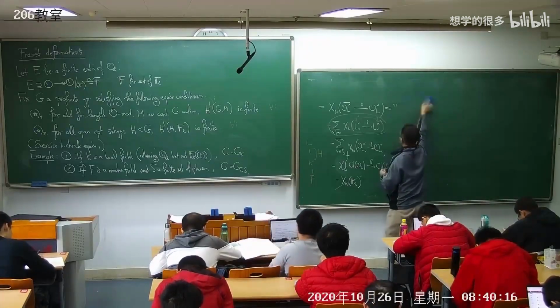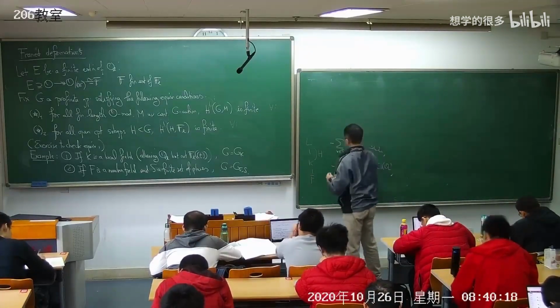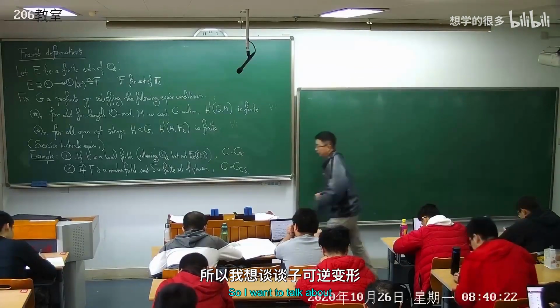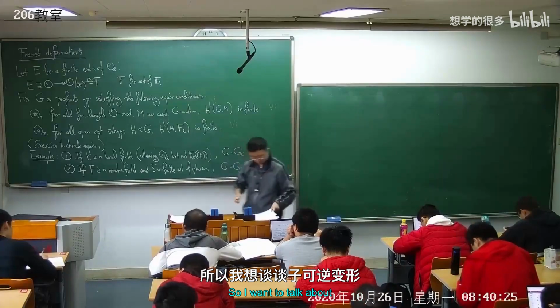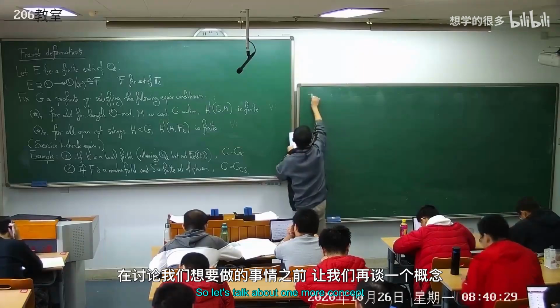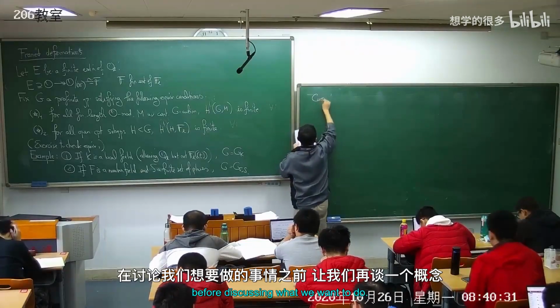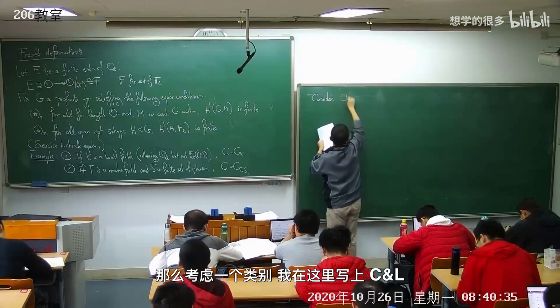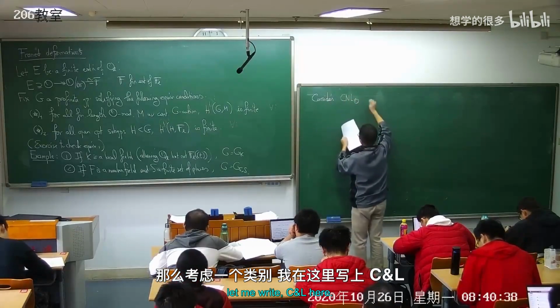Should be more careful here. So I want to talk about so-called Galois deformation. So let's talk about one more concept before discussing what we want to do. So consider a category. Let me write CNL_O here.